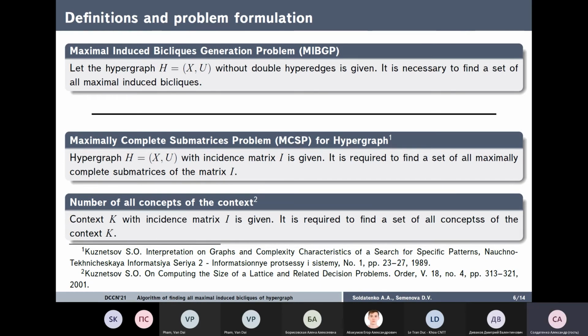Also close to this problem are the problems of finding all maximally complete submatrices of binary matrix and finding all concepts of the context. Note that all of these problems are at least NP hard, and the problem of finding all concepts is sharp P. So the curse of dimensionality takes place.